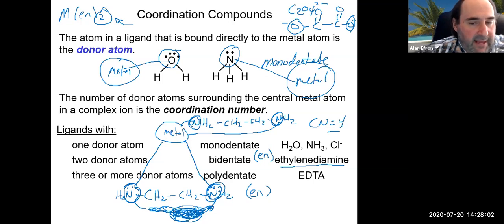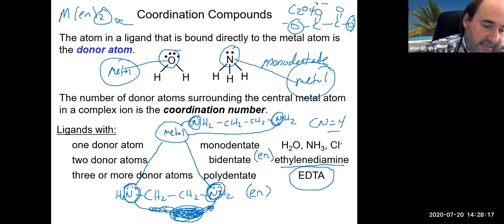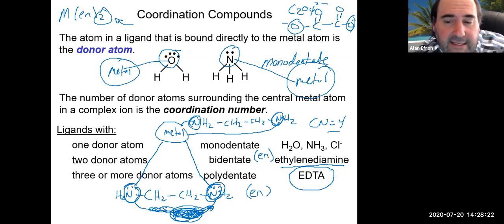So again, you get a 2-for-1 situation. There are some that could do 3 or more. They're sometimes referred to as being polydentate. EDTA, ethylenediaminetetraacetic acid, we'll see it in a second, I think, on another slide, but it could do something like 6 places per molecule.